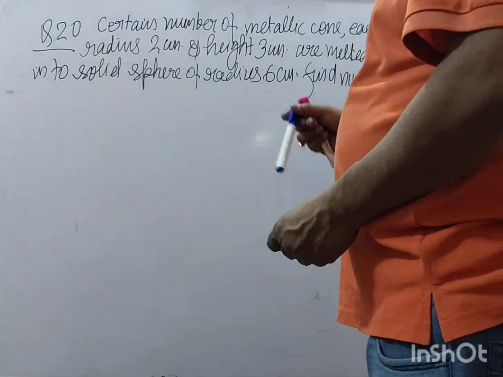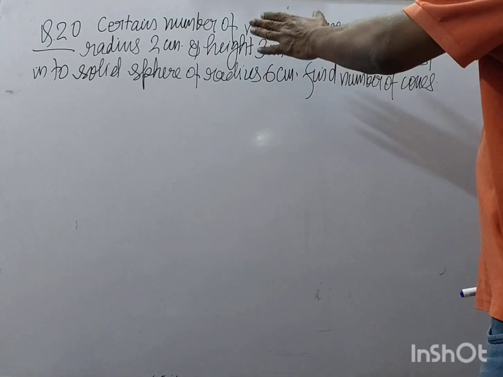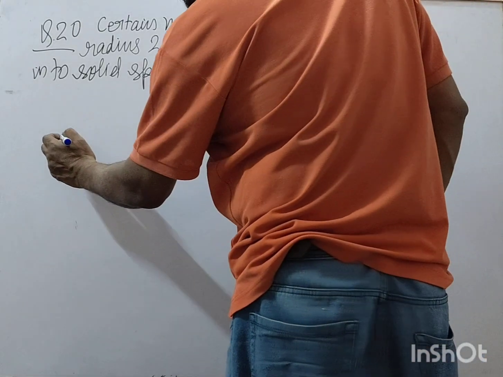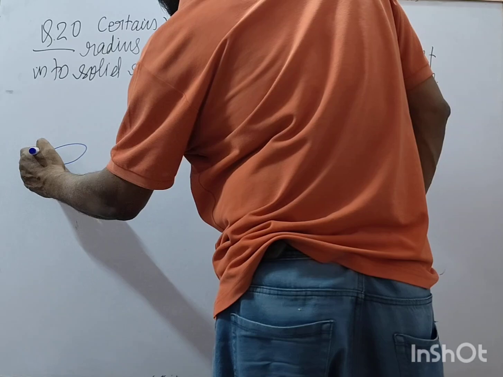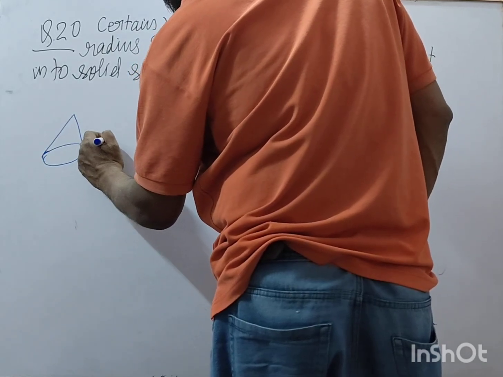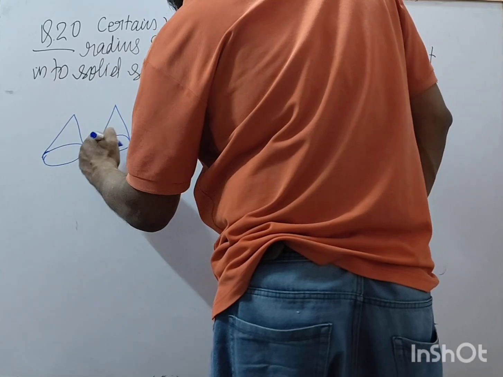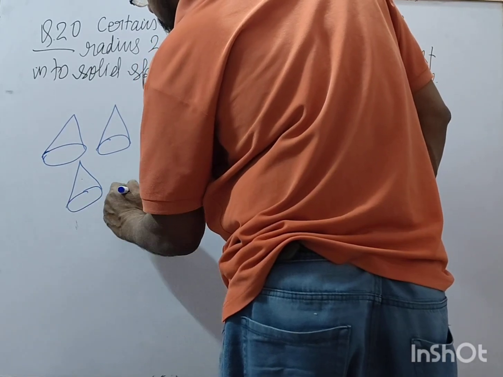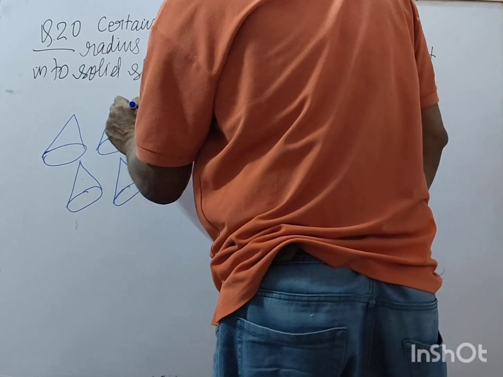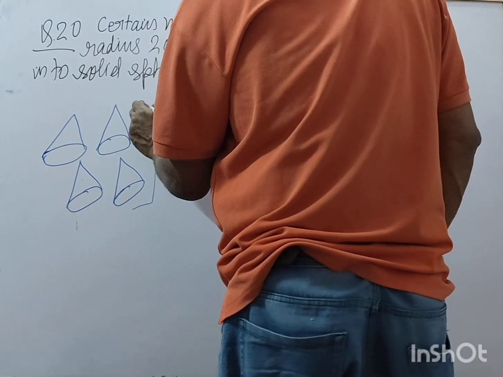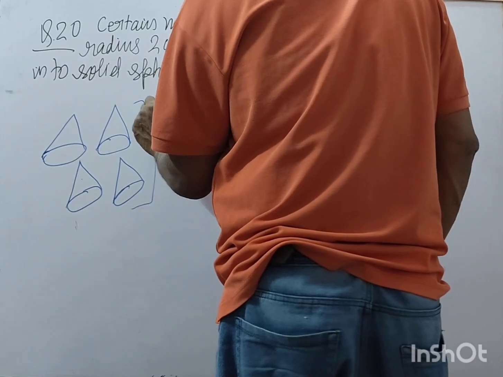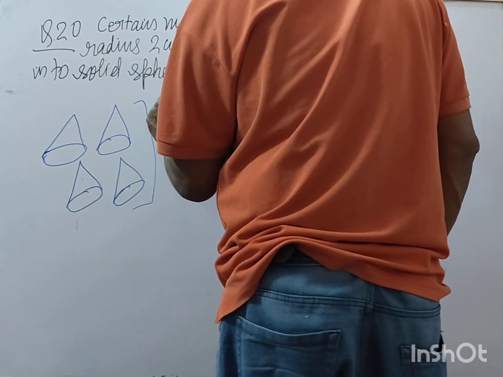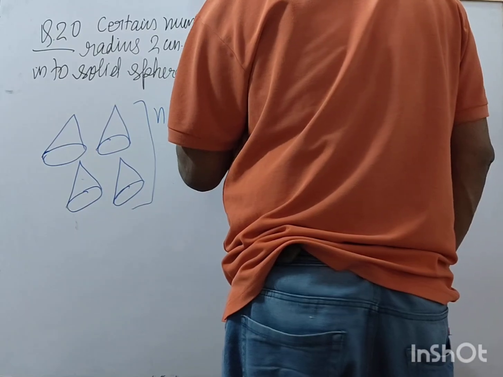Volume of sphere is equal to n into volume of a cone, where n is the number of cones.